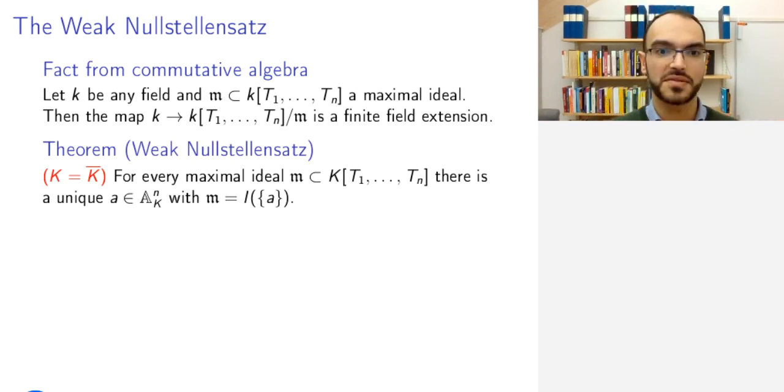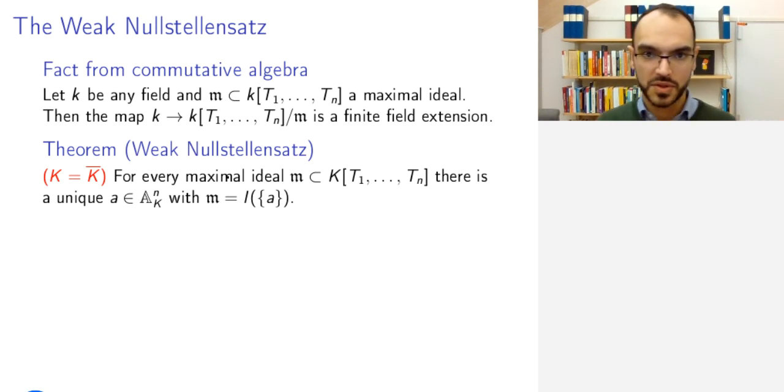Now let's go back to our situation where our field is algebraically closed. The claim, the weak Nullstellensatz, is that for every maximal ideal, there is a unique Nullstelle, so a unique zero of this maximal ideal.